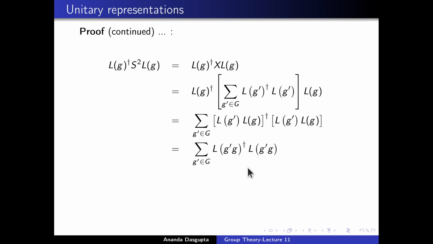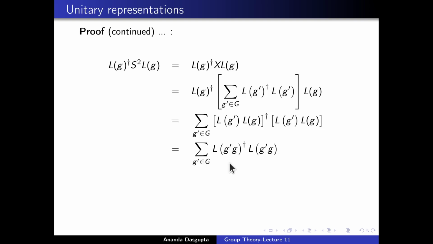Now comes the most important part of the proof. As g prime runs over the finite group capital G, the g prime g, the argument which is being provided to L here, also runs over the entire group capital G. For a finite group, this is just the rearrangement theorem.